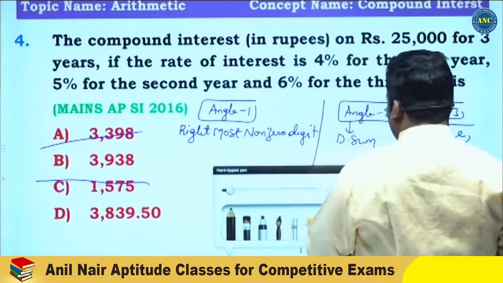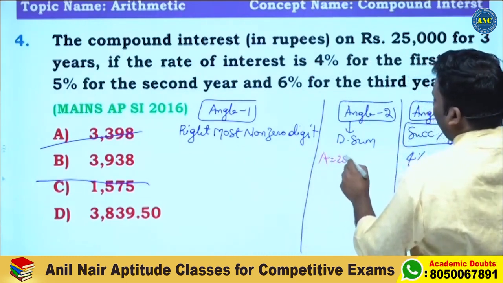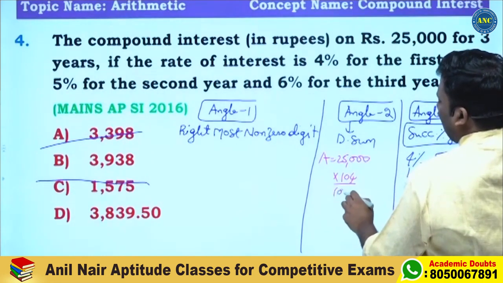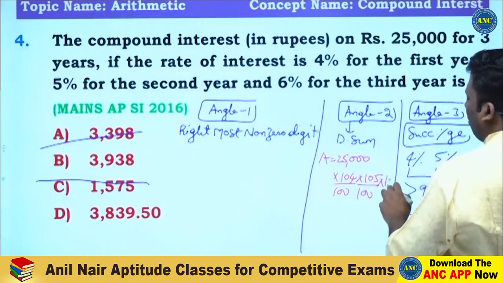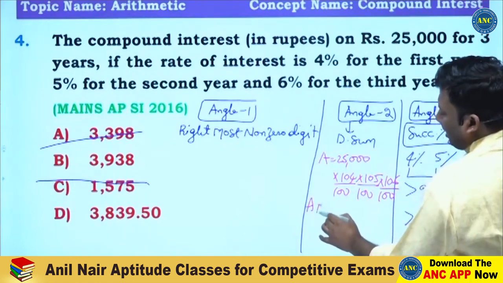Now if I use angle 2. Amount is 25,000 into 104 by 100, 105 by 100, 106 by 100. Don't show your mathematics speed calculation here. What is the amount digital sum?